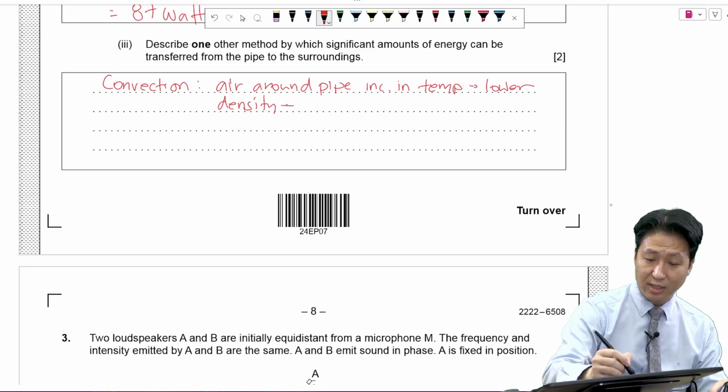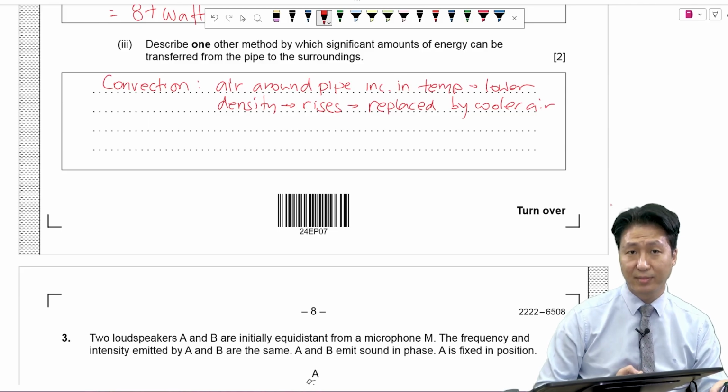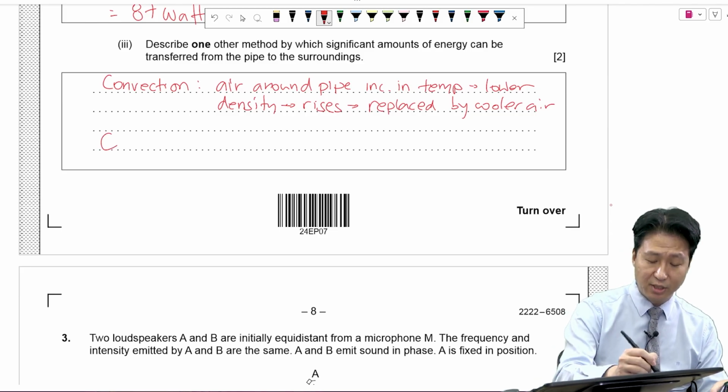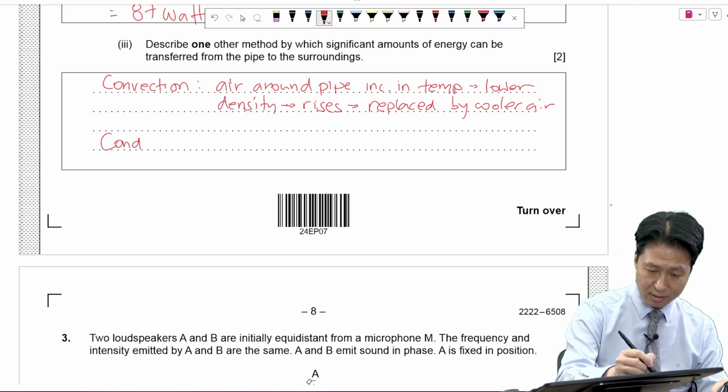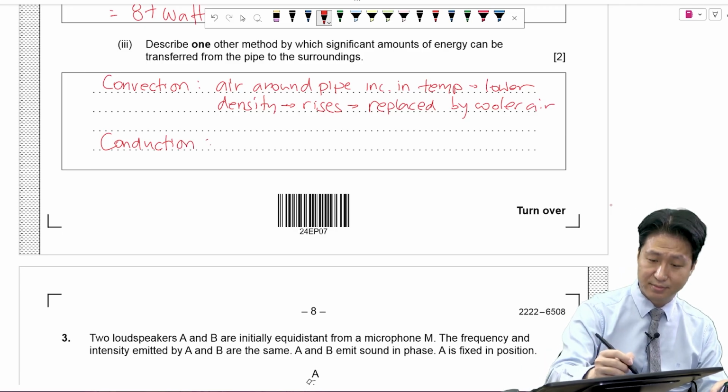And this rises because it's lower density. Then it's replaced by cooler air. Which is basically convection. Or you can also say conduction, which is just the flow of heat from the pipe to the air.